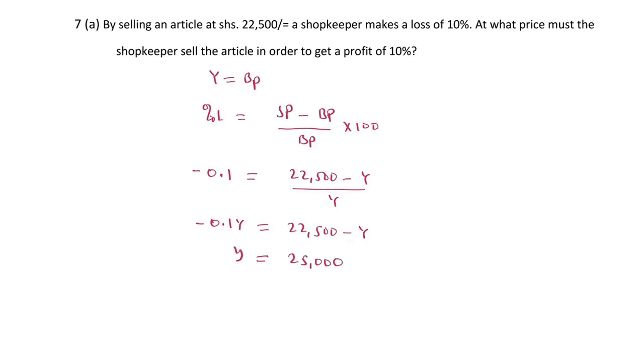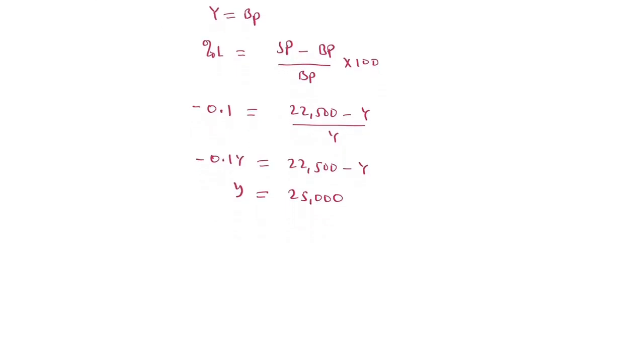Okay, so now from the formula above, let us replace the percentage loss with the percentage profit of 10%, and then we are going to substitute the calculated buying price in order to get the selling price. So our equation is going to be 0.1 equals selling price minus 25,000 over 25,000.